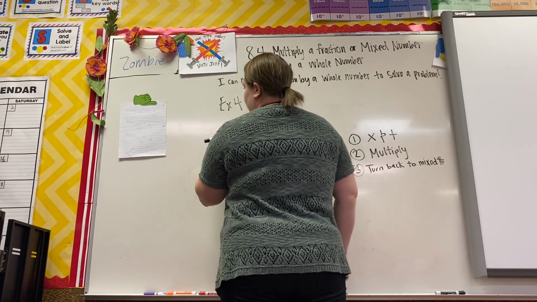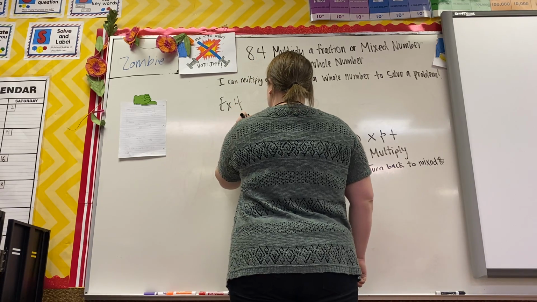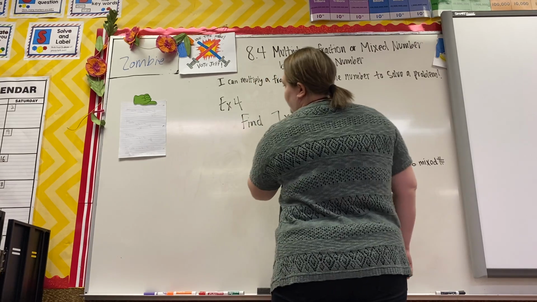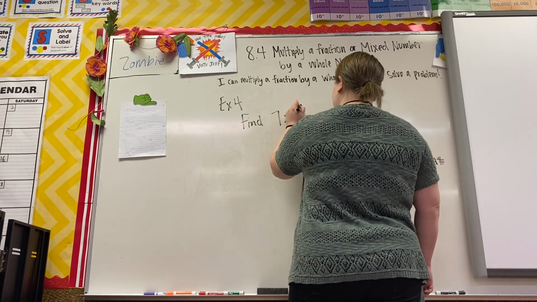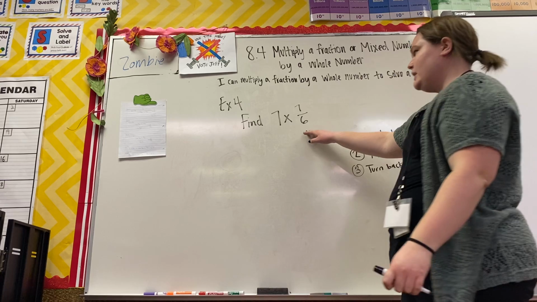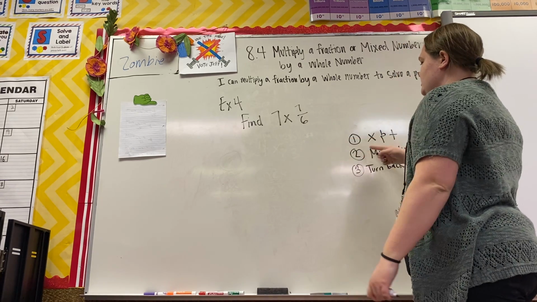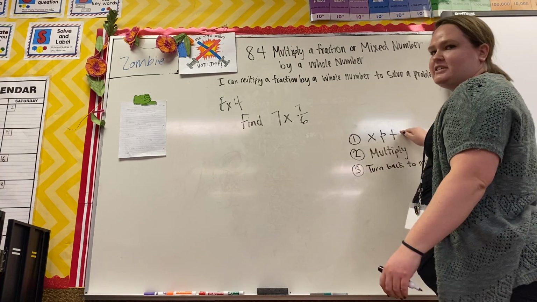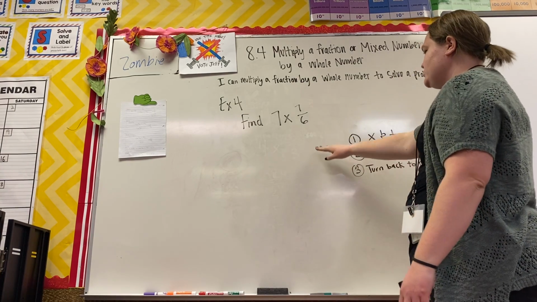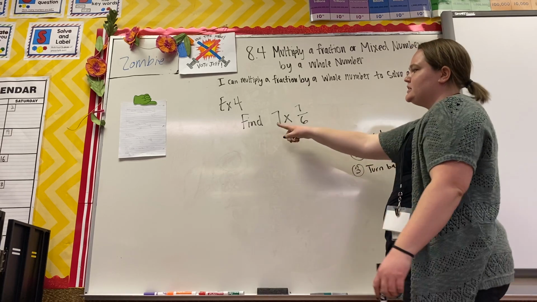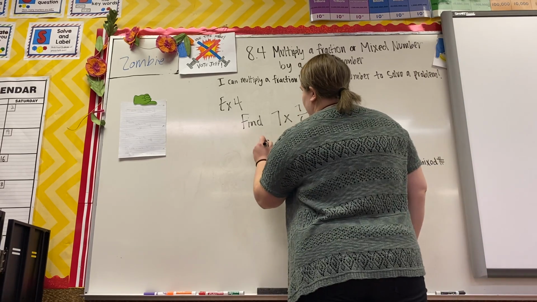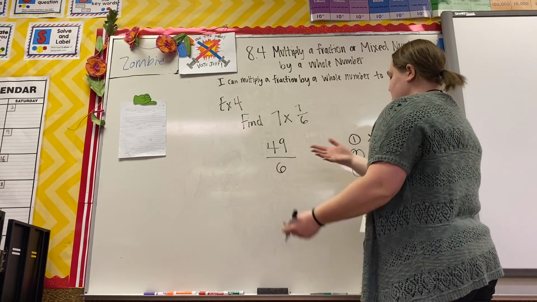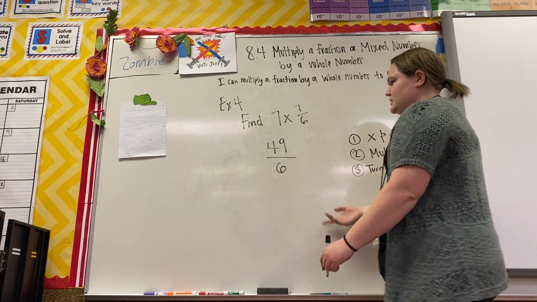Example number 4, find 7 times 7/6. So this time you don't have a mixed number, and when you don't have a mixed number, you can just ignore step 1. So we go straight into step 2, which is multiply. So 7 times 7 is 49 over 6. And then we can just go straight into step 3, which is to divide.